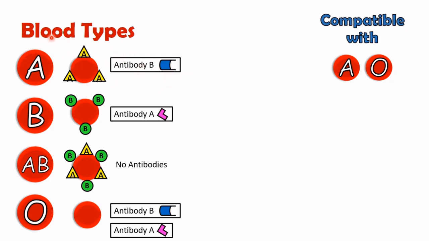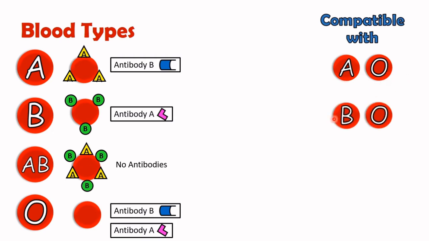So if the blood type is A, it will be compatible with the A blood type and also the O blood type. This is because A doesn't have the antigen B, and the O doesn't have any antigen, whether it is A or B, meaning that the antibody B will not react with blood type A and also blood type O.